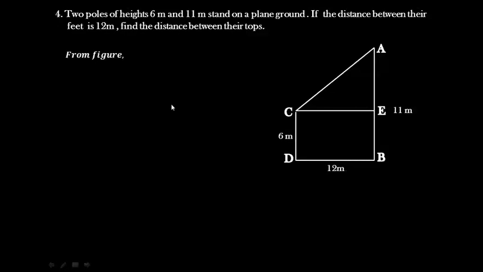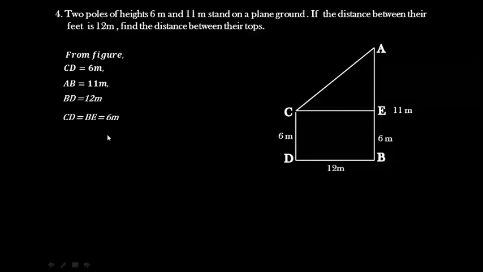Given from the figure, CD is equal to 6 meter, AB is equal to 11 meter, BD is equal to 12 meter. Now CD is equal to BE, which is equal to 6 meter.